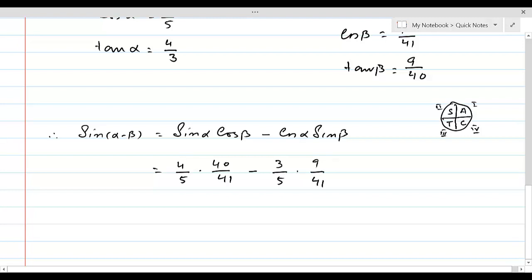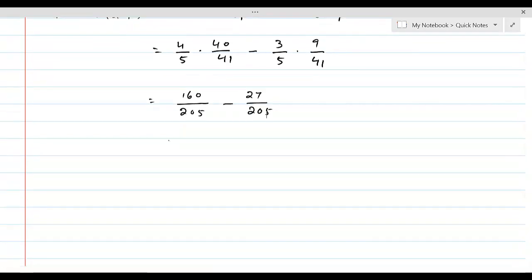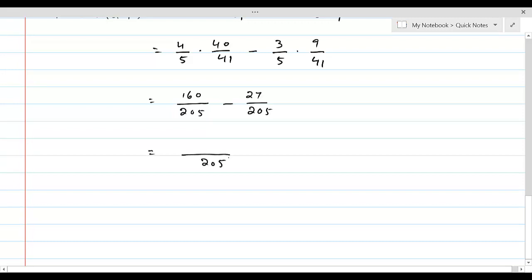Therefore, this would be equal to 160 over 205 minus 27 over 205. As 205 is the common denominator, this would be equal to 160 minus 27 over 205, which is equal to 133 over 205.